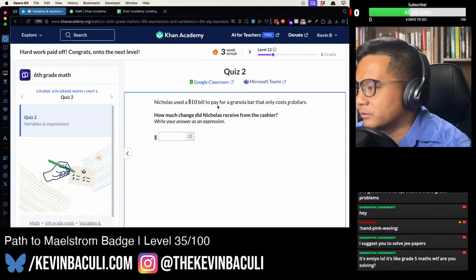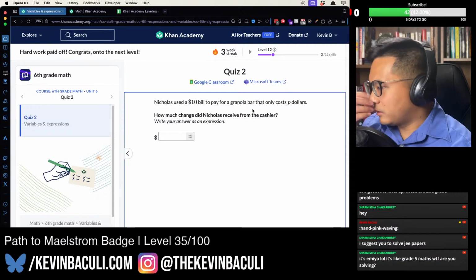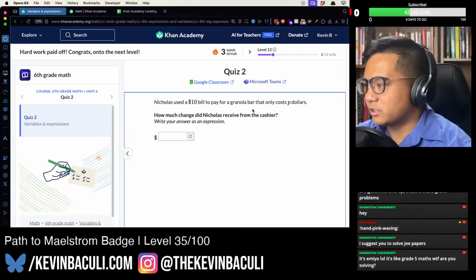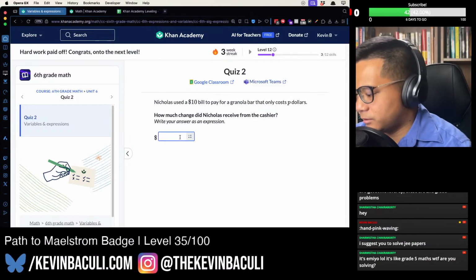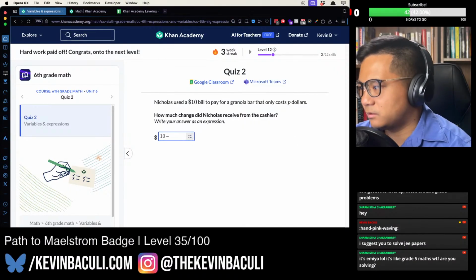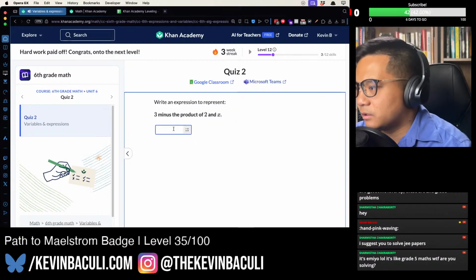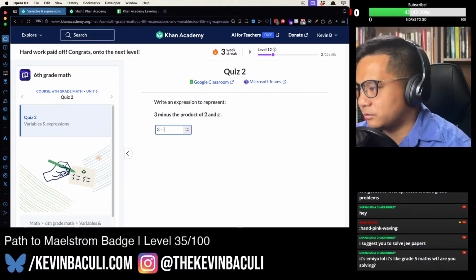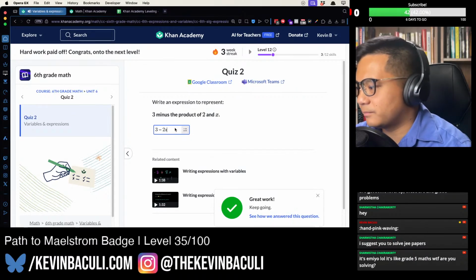Nicholas used a $10 bill to pay for a granola bar that cost P dollars. How much change? 10 minus P. 3 minus the product of 2x. There we go.